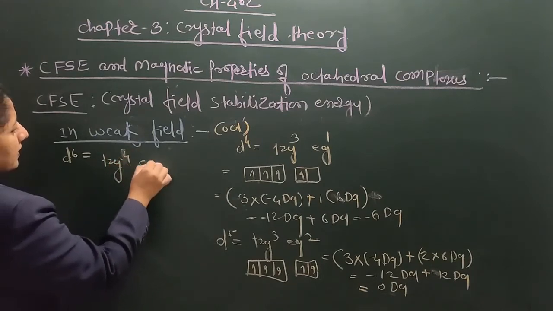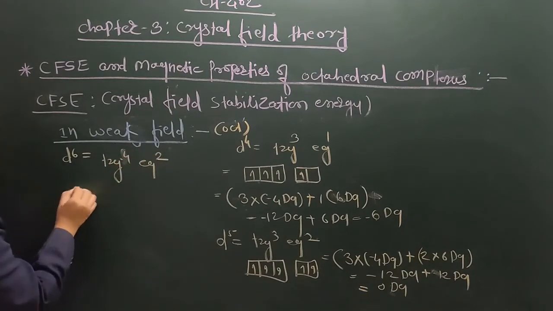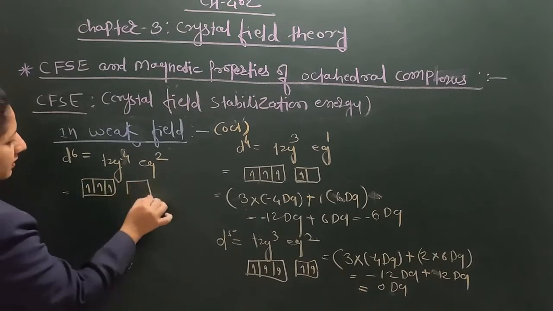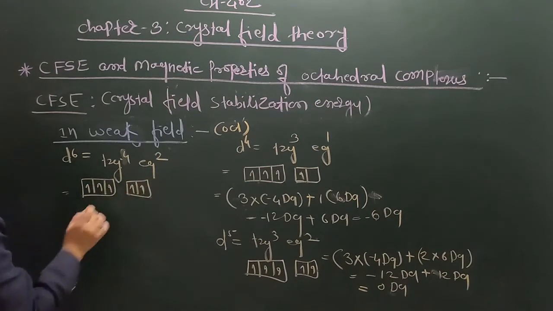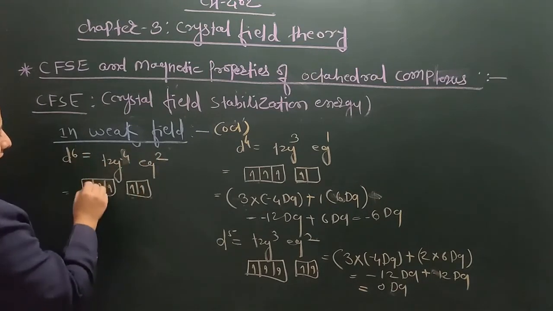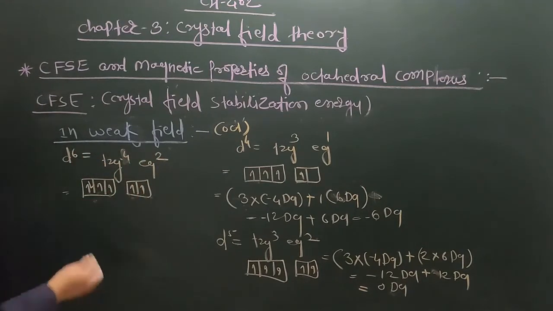Then for the D6 system, that is t2g 4 and eg 2. So how will it be distributed? Let's see: 1, 2, 3 in t2g, 2 electrons in eg, and 1 electron again in the t2g orbital.